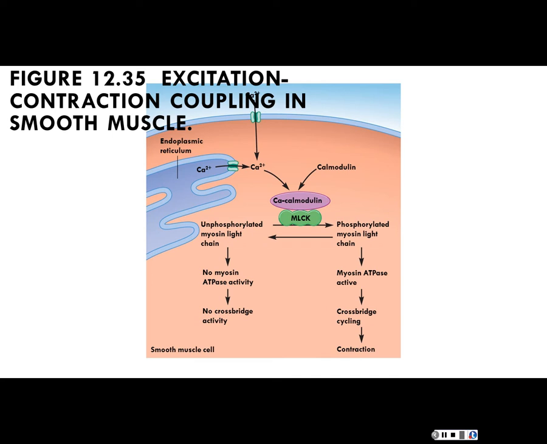Myosin kinase, which phosphorylates myosin, as the name implies, which gives it the ability to contract. So keep it on the right side. Calcium calmodulin will activate myosin light chain kinase, which phosphorylates myosin to give it energy to contract.